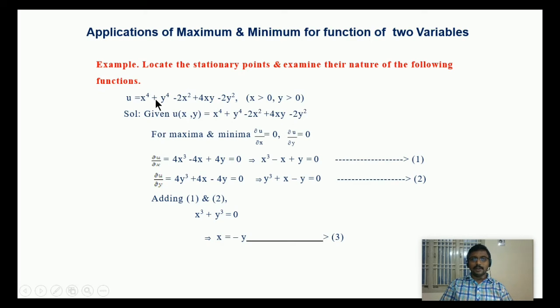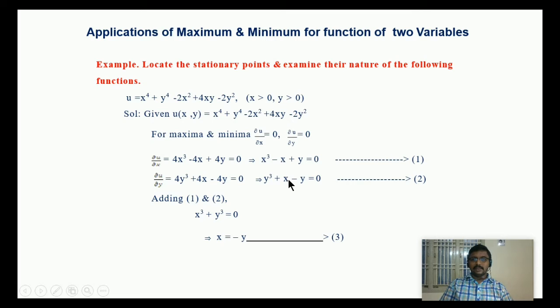X power 4 derivative is 0, y power 4 derivative is 4y cube, negative 2x square derivative 0, plus 4xy derivative: in that 4xy, 4x is constant, y derivative is 1, that is plus 4x. Negative 2y square derivative is negative 4y, which is equated to 0. Now taking 4 as common and equating to 0, let it be equation number 2.